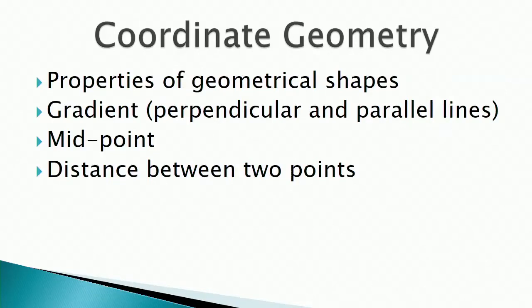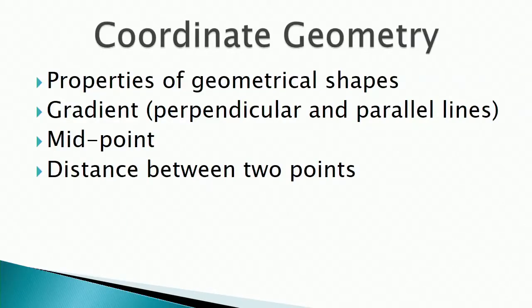By properties of geometrical shapes, I mean know the properties of a square, the properties of a rhombus, the properties of a parallelogram, and so on. Also, in this topic, they can ask you to find the gradient of perpendicular lines and parallel lines, the midpoint, then the distance between 2 points.